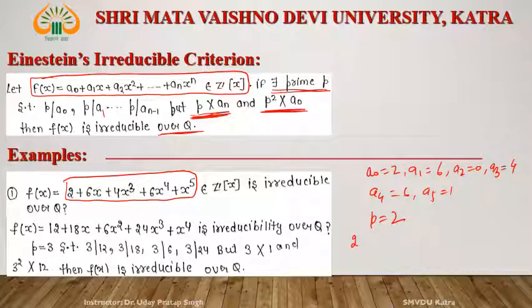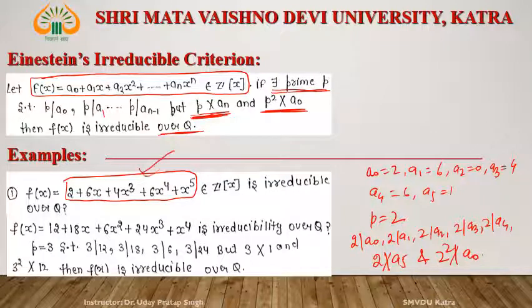This 2 divides a0, a1, a2, a3, a4, but 2 does not divide a5, and 2 squared does not divide a0. Yes. So by EIC, the Eisenstein criterion of irreducibility, this polynomial is irreducible over Q.